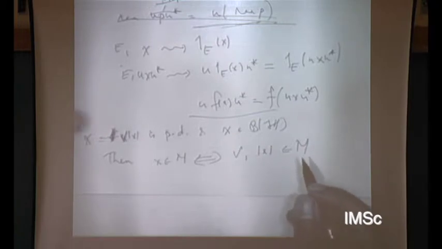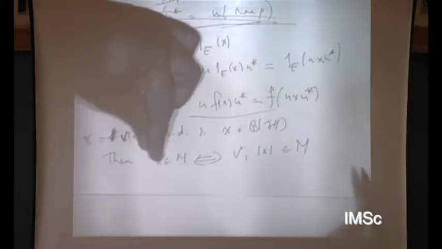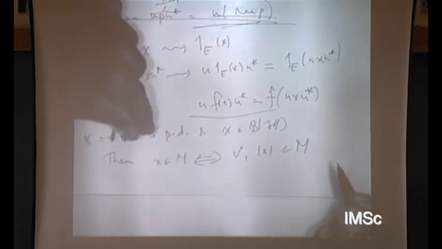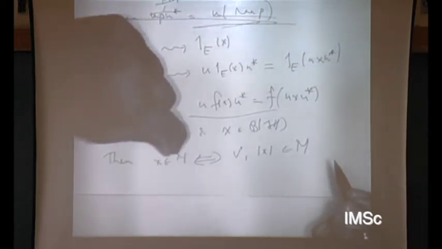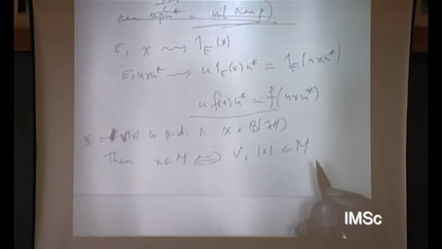Why is this true? To say that something belongs to M means that u prime x u prime star equals x for every u prime in the unitary group of M prime.